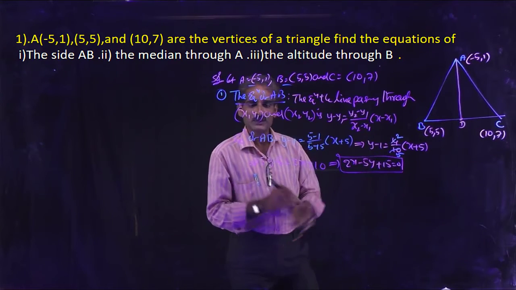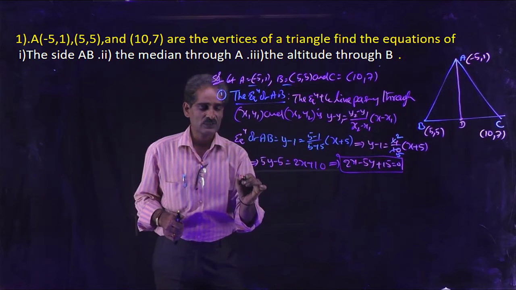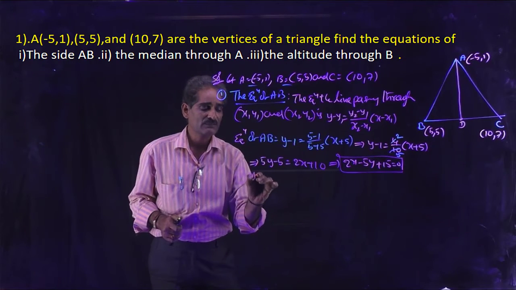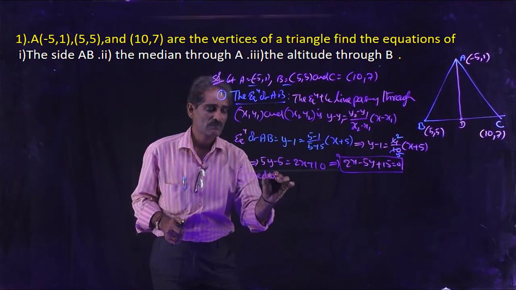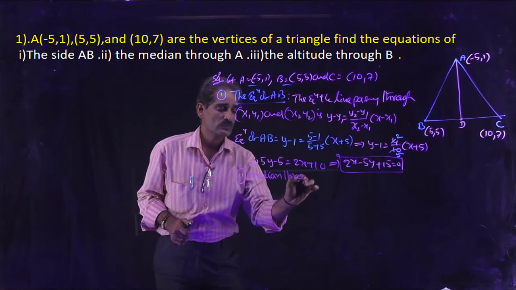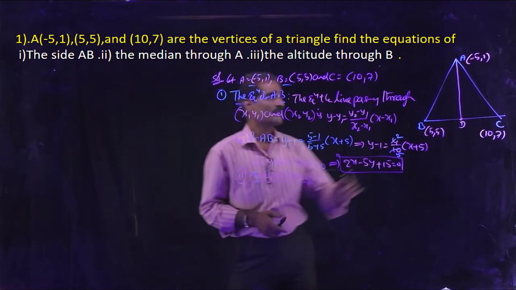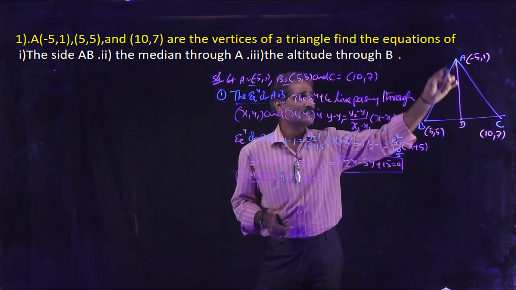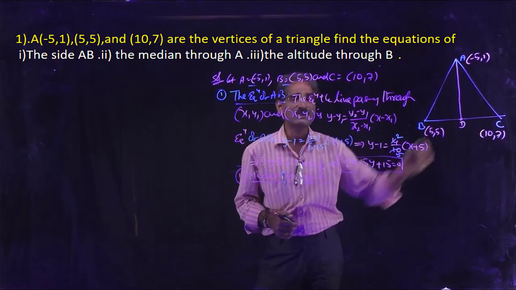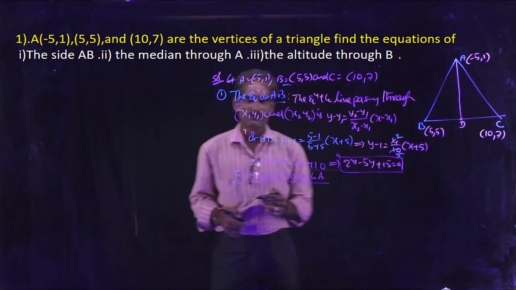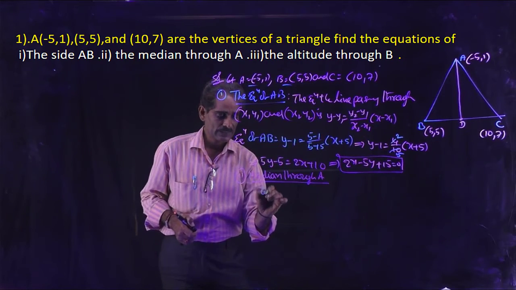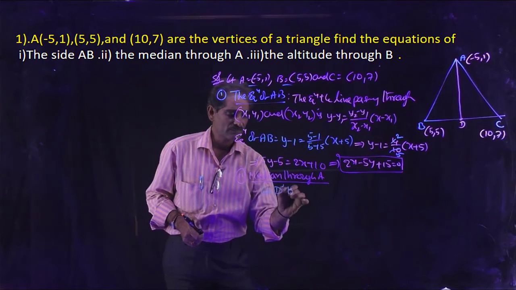Median through A is a line which is passing through the midpoint of the opposite side BC. So now come to the second one, the median through A. From the figure, it is passing through A and the midpoint of BC. Let D be the midpoint of BC.